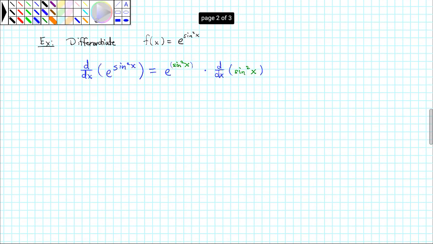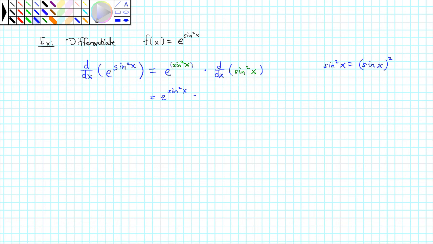Okay, so this is now e to the sine squared x times the derivative of sine squared x, which is the same as sine of x, and then you square it. So the outside function is the squaring function.